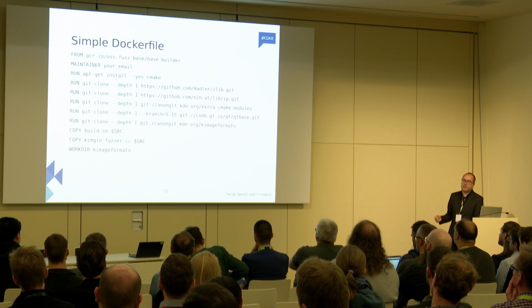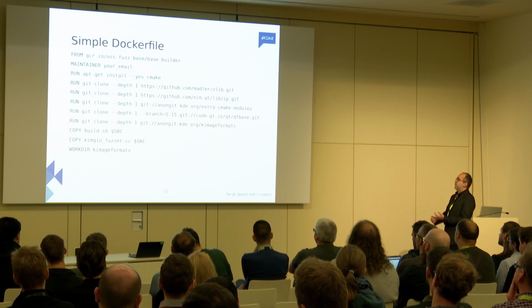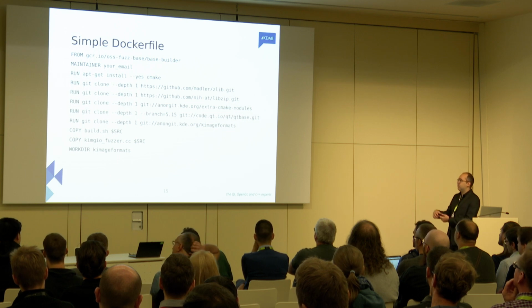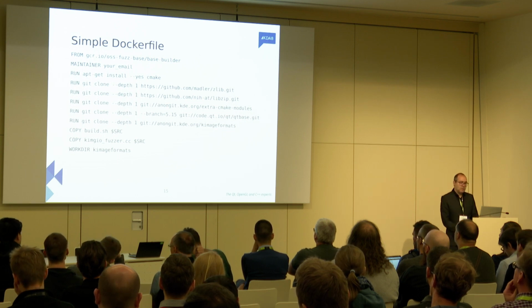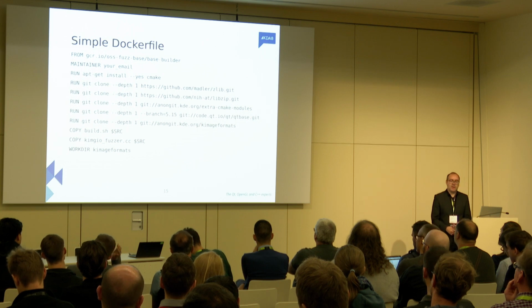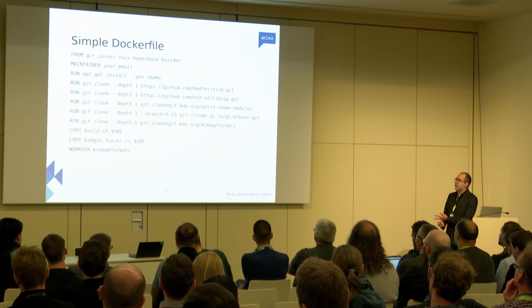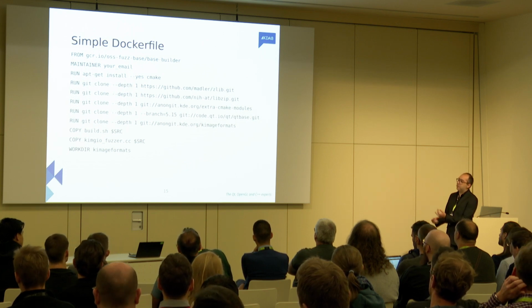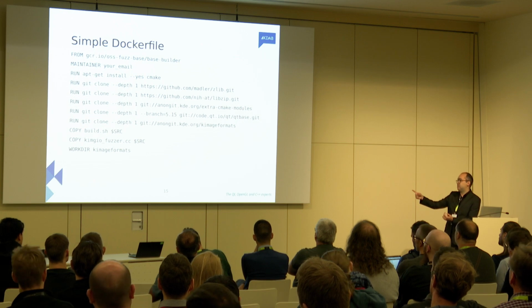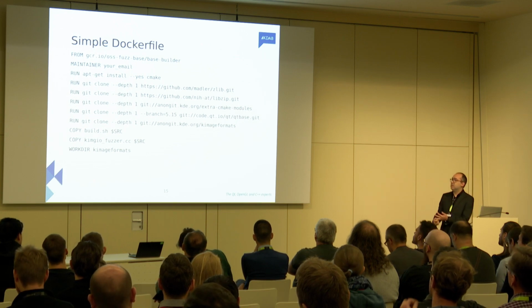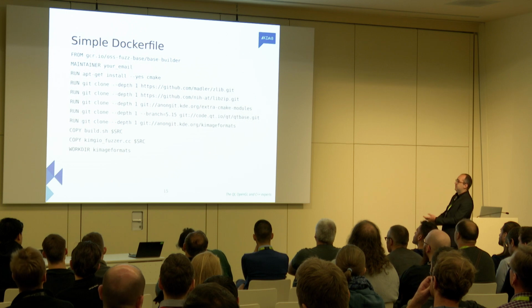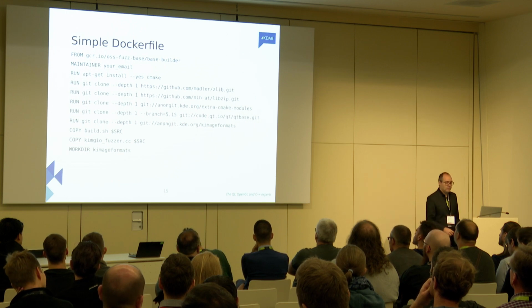In this case, I need zlib, libzip, Qt itself, and my code for image formats, right? So I git clone all of that, and then I have two other files we'll see now. Well, we already saw the fuzzer file, right? That's the kimgio fuzzer cc, and then there's a build file that basically tells how to build all of this.